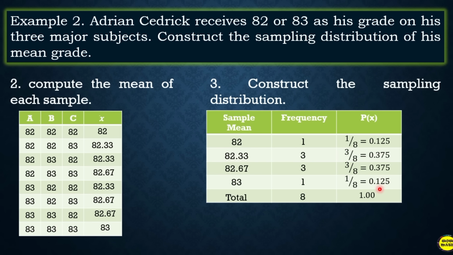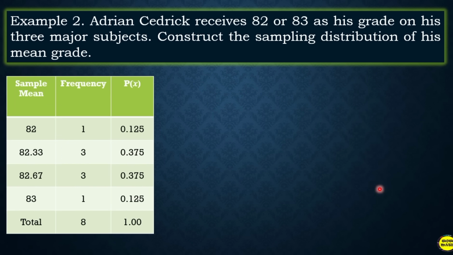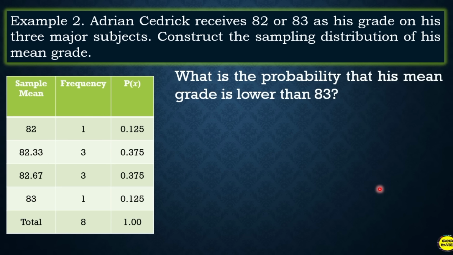Ngayon, what if kapag may ganito? Okay, using the sampling distribution, what is the probability that his mean grade is lower than 83? So, ano daw yung probability na makakuha siya ng grade lower than 83? So, ano ba yung lower than 83? 82.67, 82.33, saka 82.